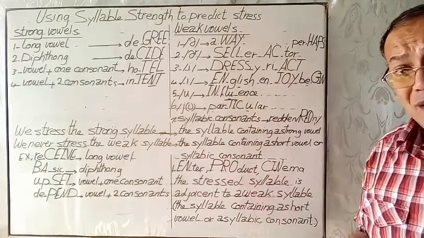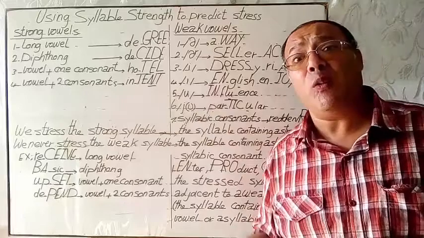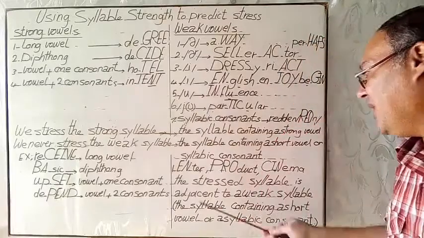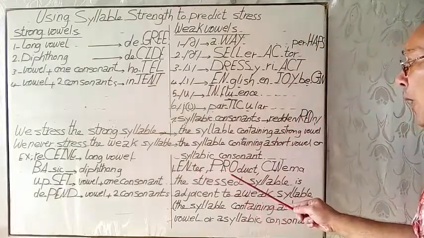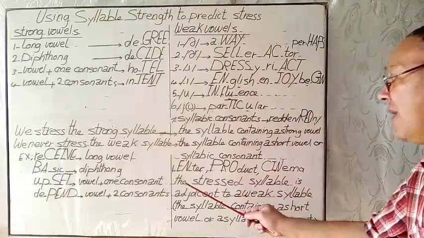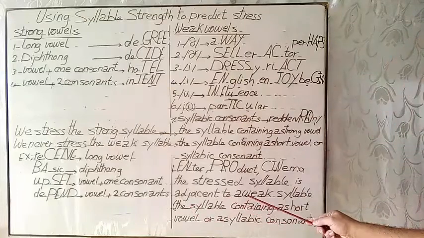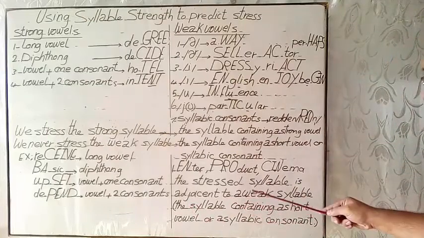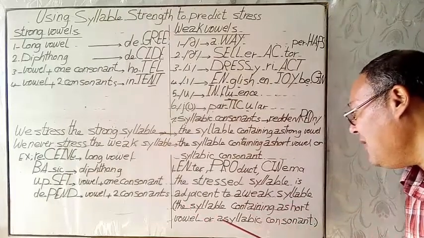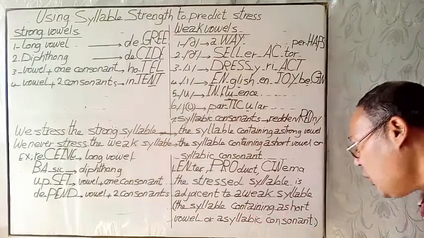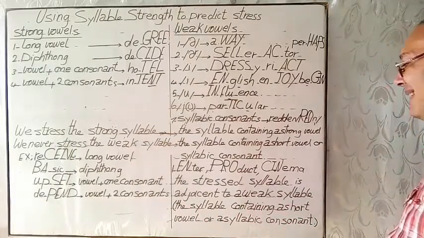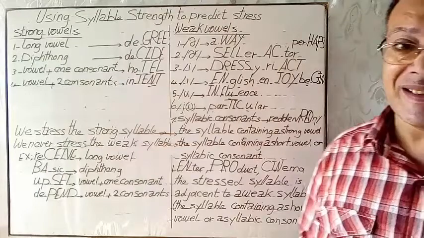By the way, we stress the vowels, not the consonants. So en, pro, sin, the stressed syllable is adjacent to a weak syllable. A weak syllable is the syllable containing a short vowel or a syllabic consonant.